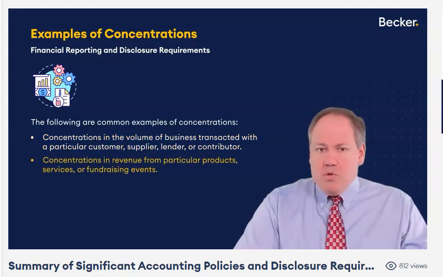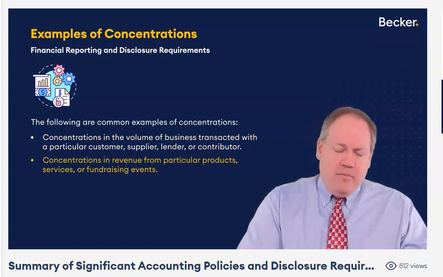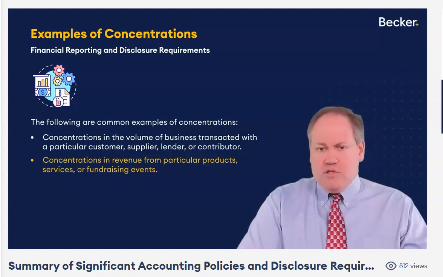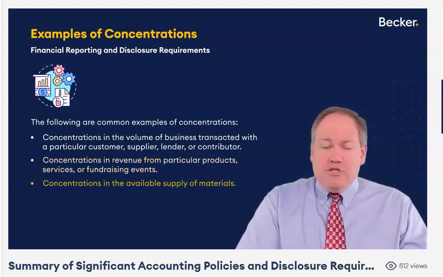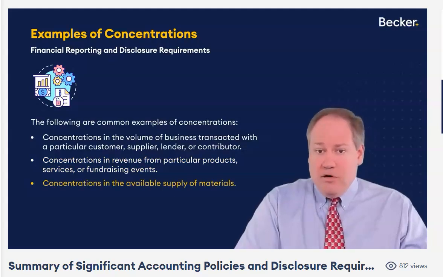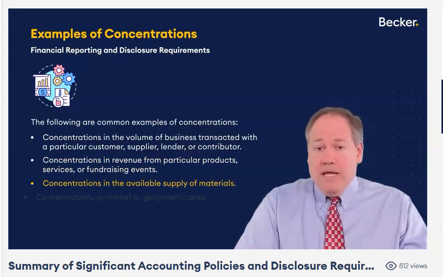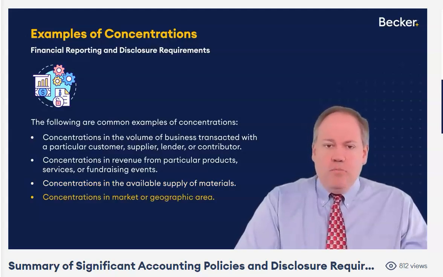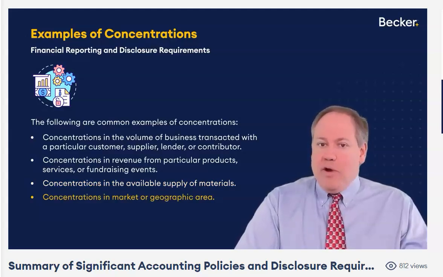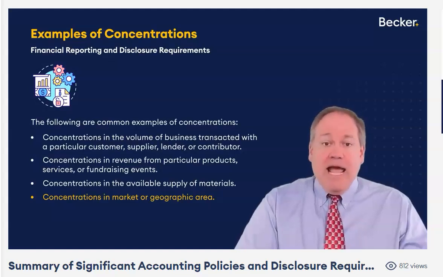If you generate most or a significant amount of revenue from a particular product or service or type of event, if there's a concentration in certain supplies of materials on hand, or it could even be a market or geographic concentration, any of those could be then put through the ringer of those specific criteria and ultimately need to be disclosed as a vulnerability to a concentration of risk.